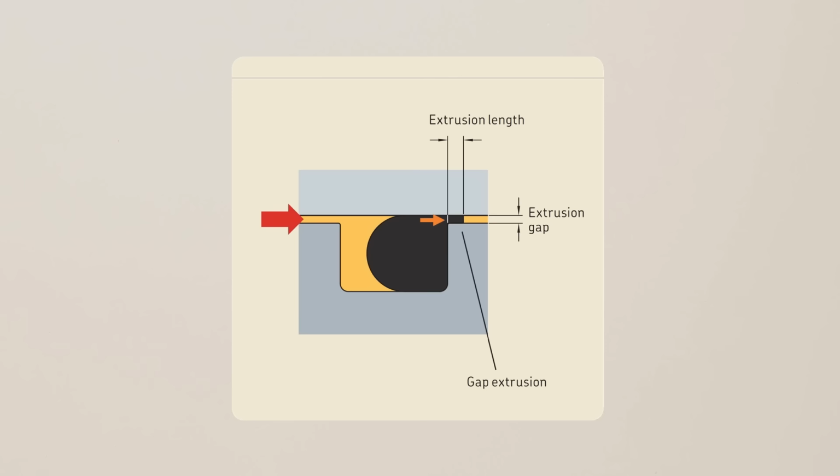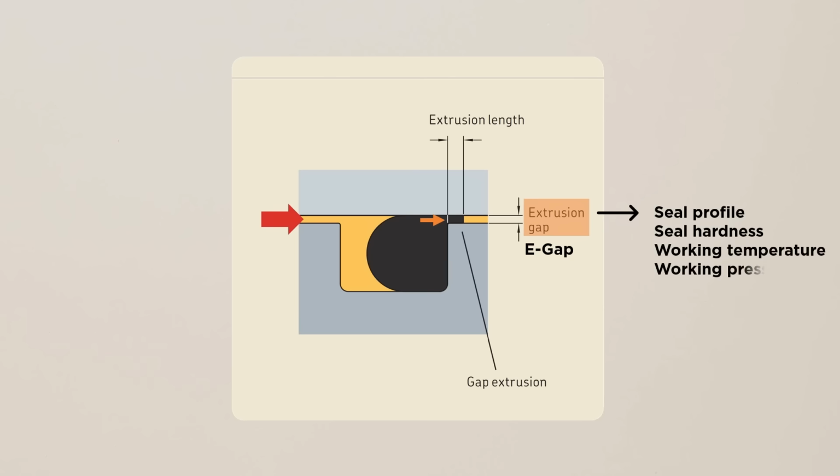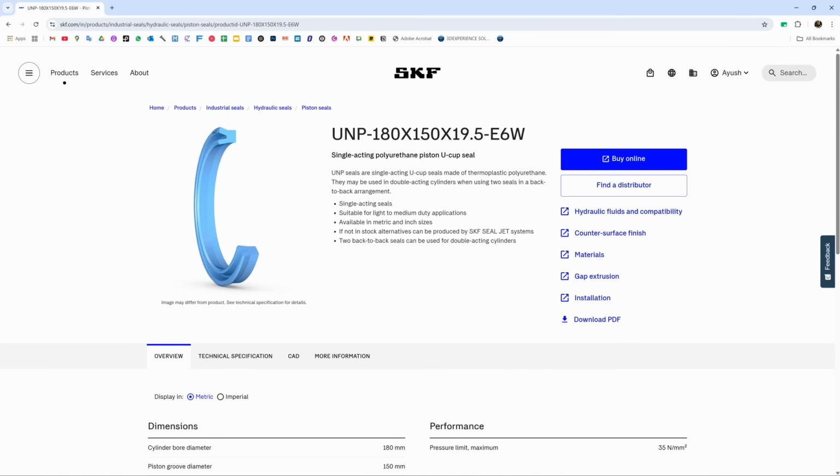The dimension of this clearance gap is referred to as the extrusion gap, or E gap, or maximum allowable gap. So the clearance between the piston and the cylinder bore should not be excessive. The maximum allowable clearance gap depends on the seal profile, the hardness of the seal material, working temperature, and working pressure. And we can find the maximum allowable gap, E gap, in a seal data sheet.